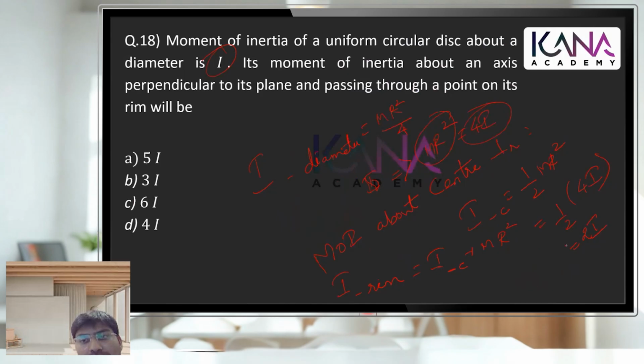So the center we found as 2I, plus this is 4I. So this will be total 6I. Next question.